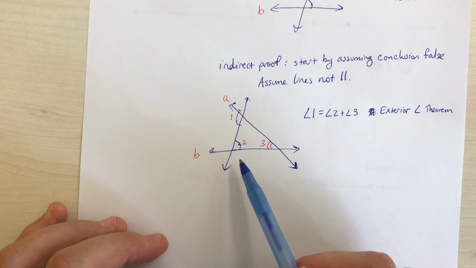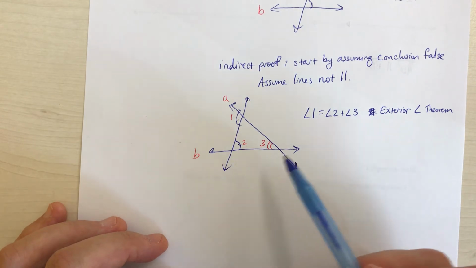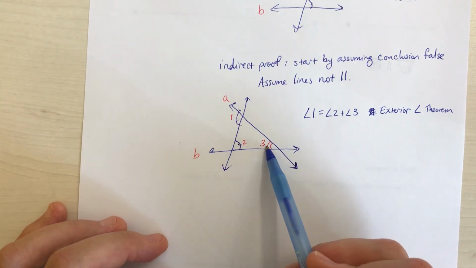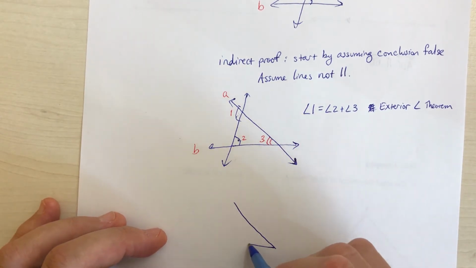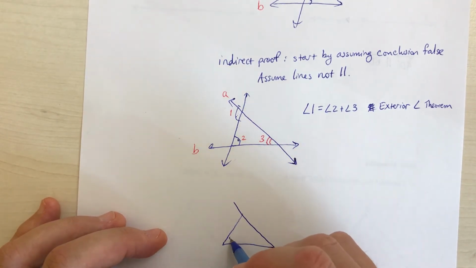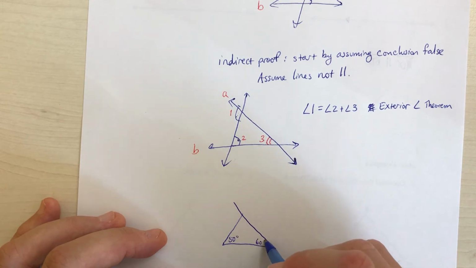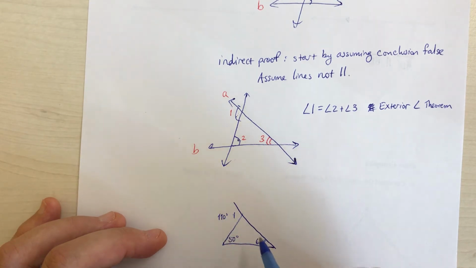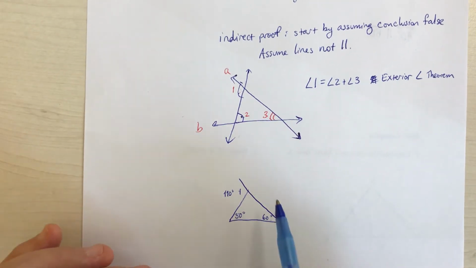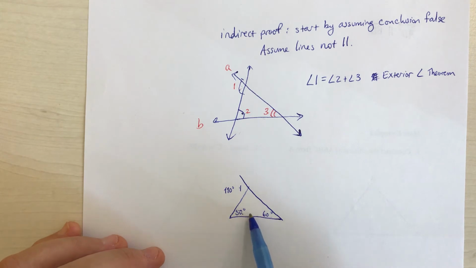Now, what this leads us to is a situation where we know that these are positive numbers. As an example, let's say that this was 50 and this was 60. Here's angle 1. Well, 50 and 60 means that these are equal to 110 for that. Since these are positives, when we add them up, this sum has to be bigger than each of these numbers, right?